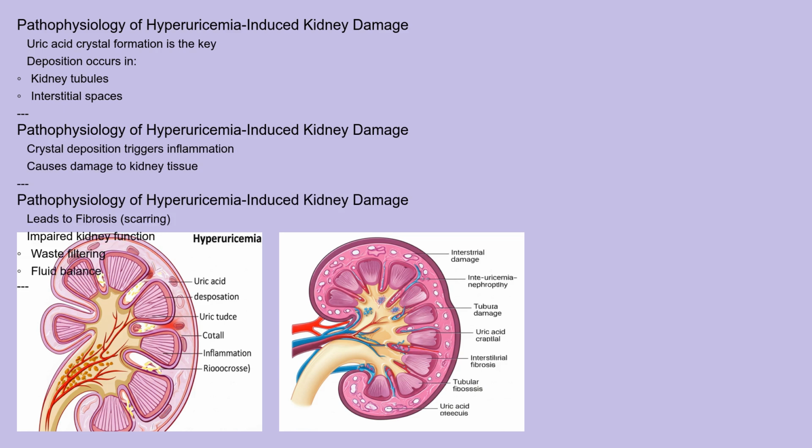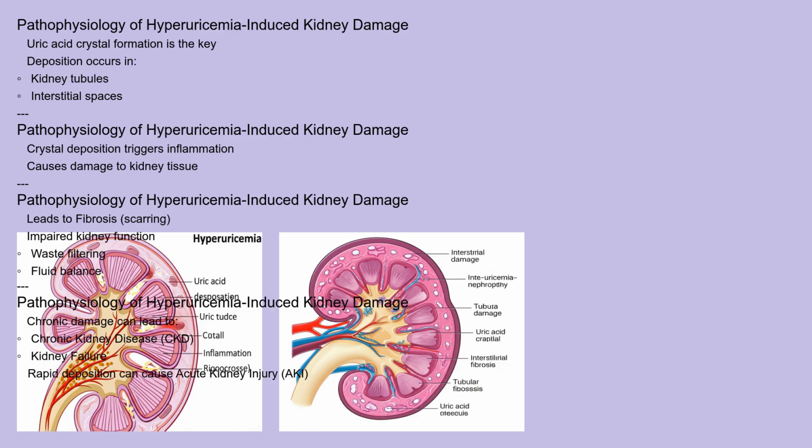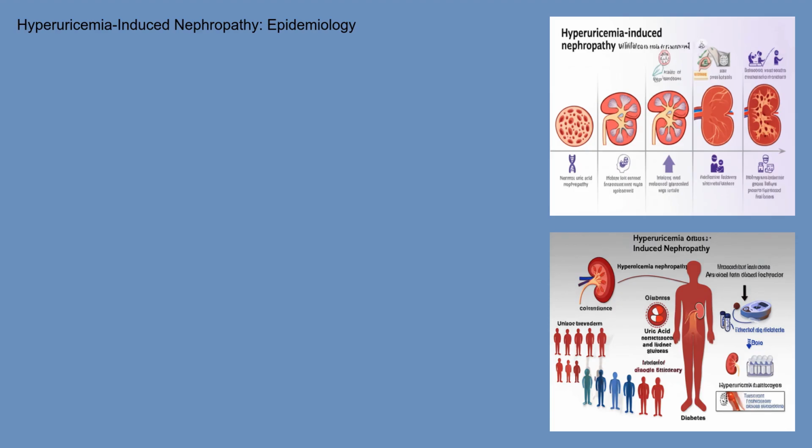This progressive damage can eventually lead to chronic kidney disease, and in severe cases, kidney failure. In acute cases, rapid uric acid crystal deposition can cause acute kidney injury, a sudden and severe decline in kidney function.